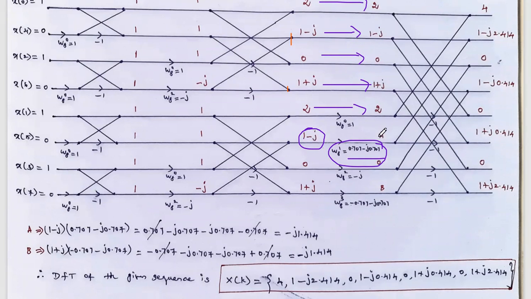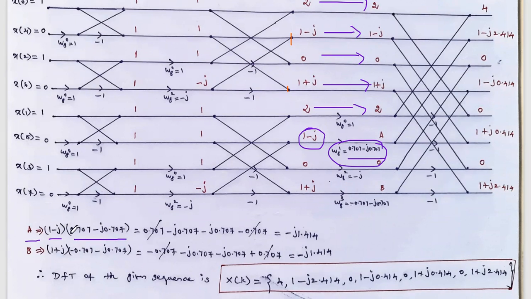If you want to do the calculation, use it here. Here I am assuming the answer of this multiplication as some variable a, which I calculated separately. The a value is 1 minus j multiplied with 0.707 minus j 0.707.